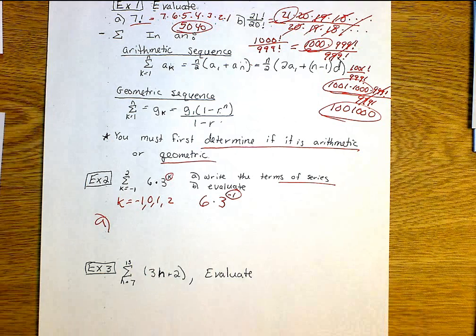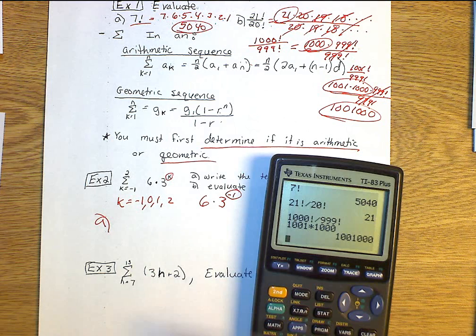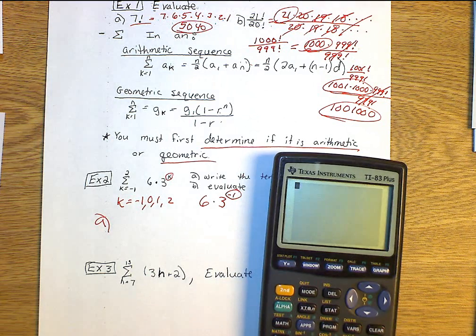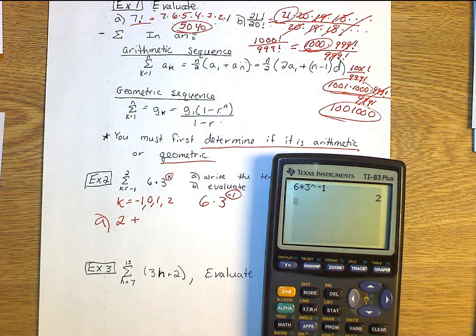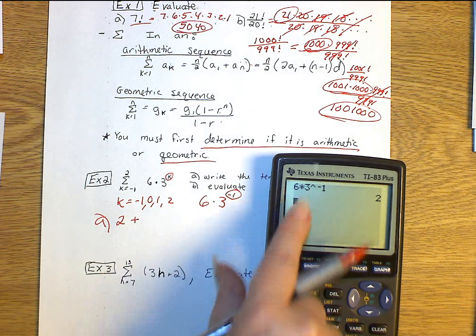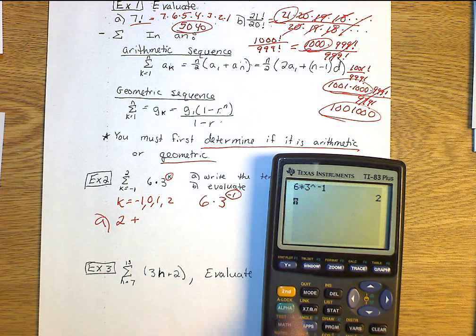So in your calculators, I want you to clear it out. Go 6 times 3 raised to the -1. Recall what we just wrote. So second entry, delete your -1 and put a 0.